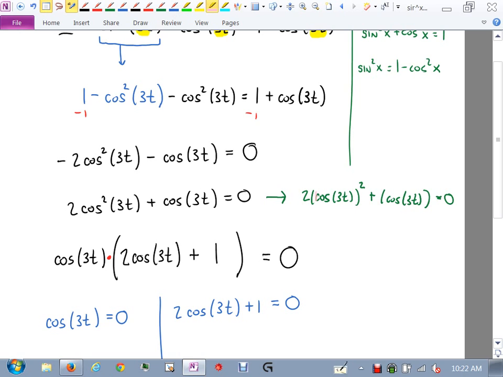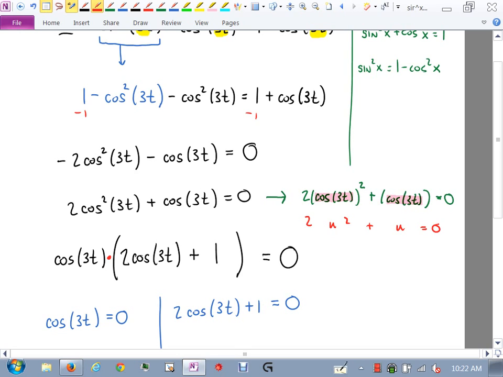And I want you to just kind of squint your eyes. This is the same as like 2u squared plus u equals 0. I know I wrote that kind of small. But this right here being squared means that it's actually the cosine 3t, the whole thing squared.